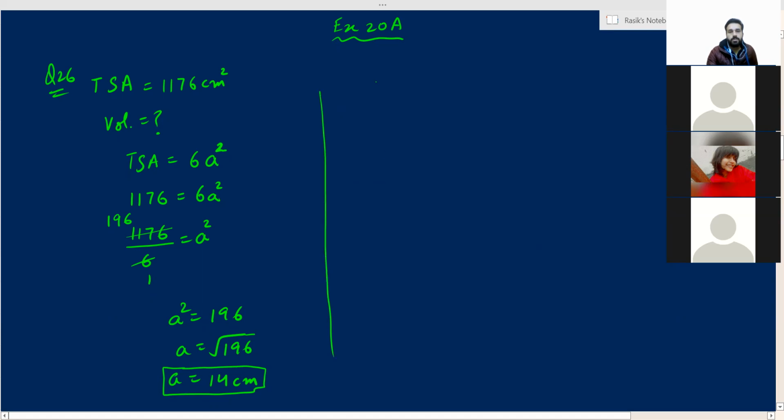So from the total surface area, we have first calculated the side of the cube. Now we can find the volume of the cube. Volume is equal to a cube. That means volume is equal to 14 cube. Find the volume of the cube.